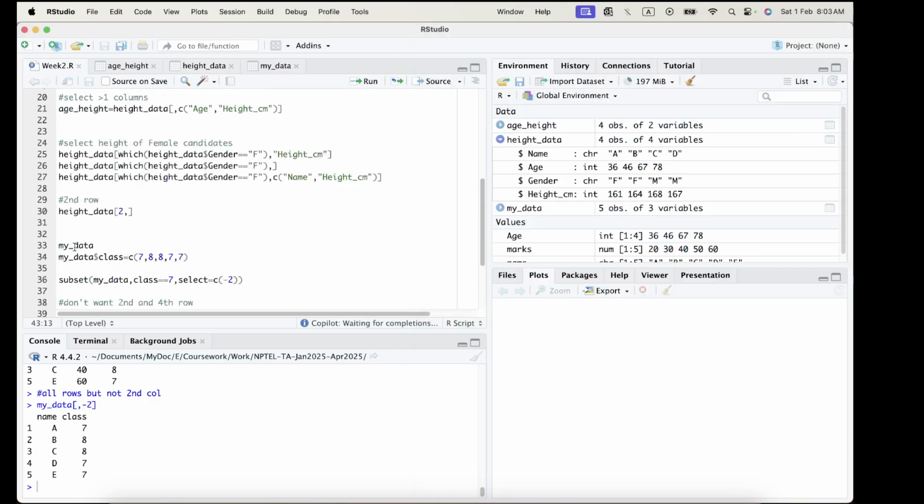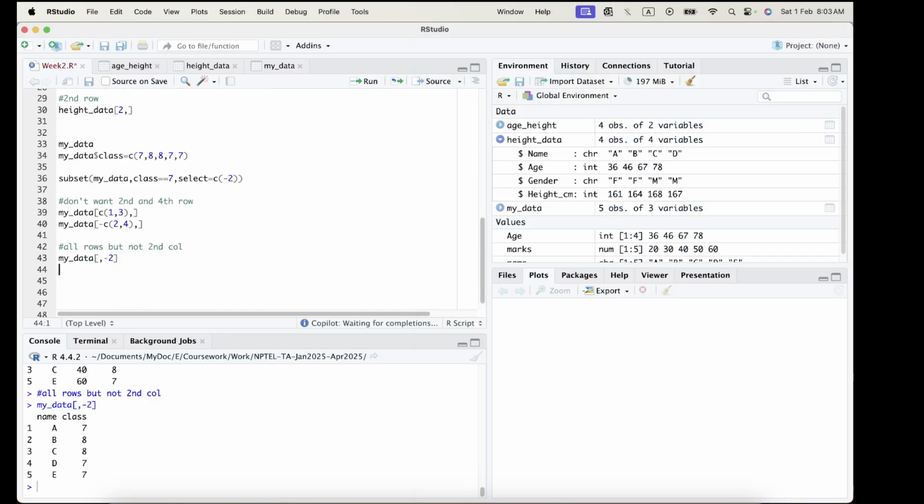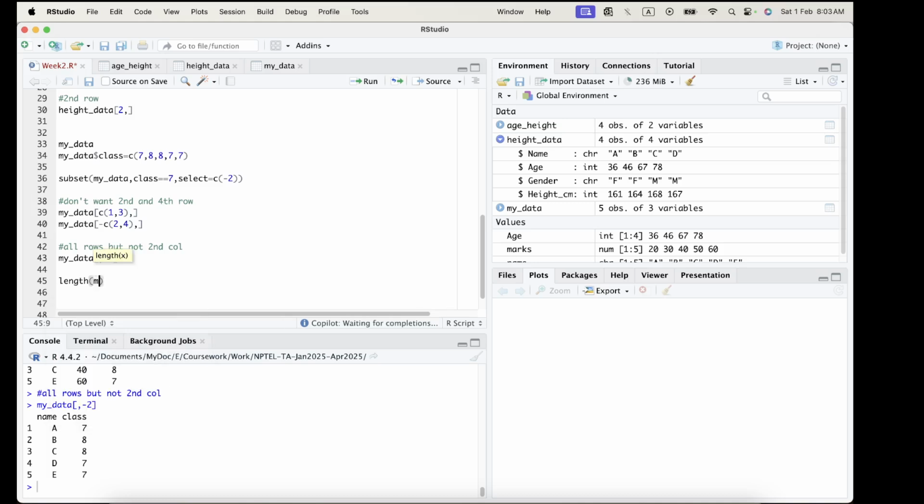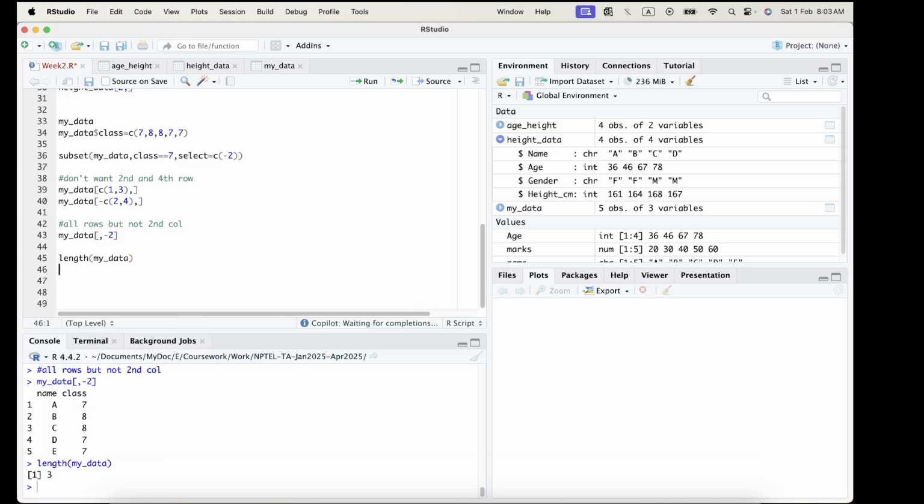Another thing that I want to discuss is that length of a data frame is actually going to give you the number of columns it has.